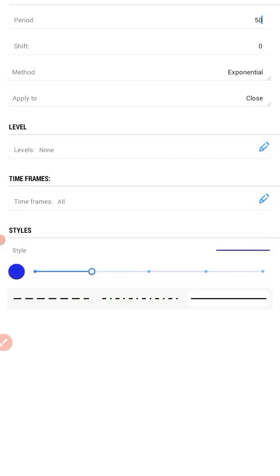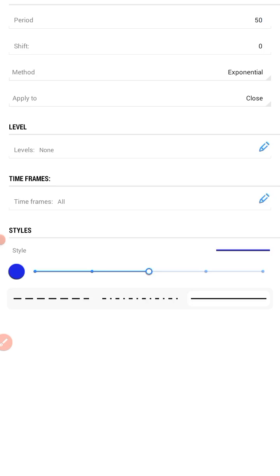Now, look at the settings very well. I want you to look at the settings. Now, we have period 50, shift 0, and then we have method exponential, apply to close. Levels, we don't have levels.